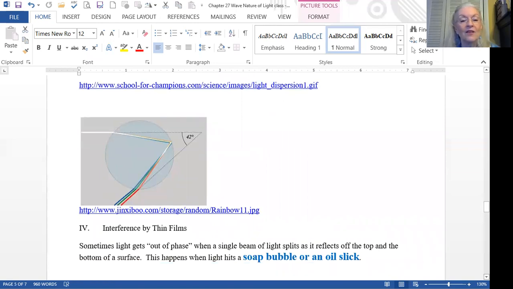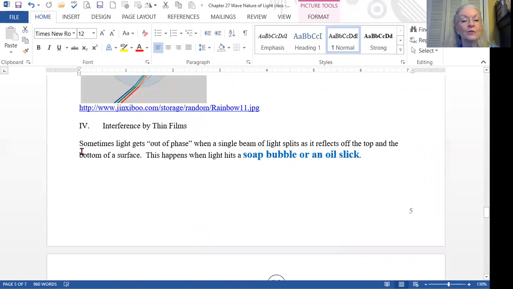All right, let's talk for just a second about thin films. So a thin film is a soap bubble, or it's the skim of oil that you sometimes see in parking lots where you get this sort of rainbow effect. And there are other places we see thin films. Sometimes they're on the glass in your automobile to help shield the interior of the car from sunlight.